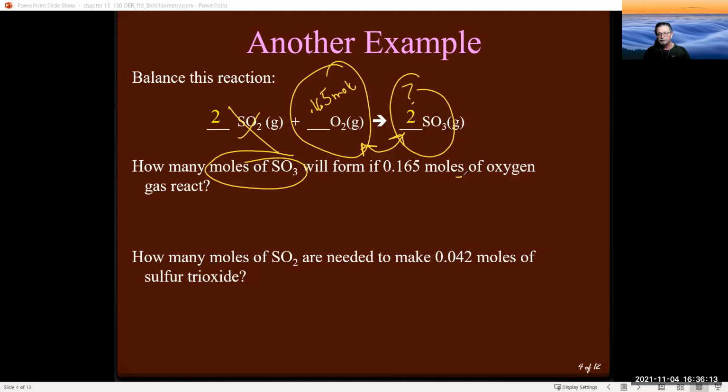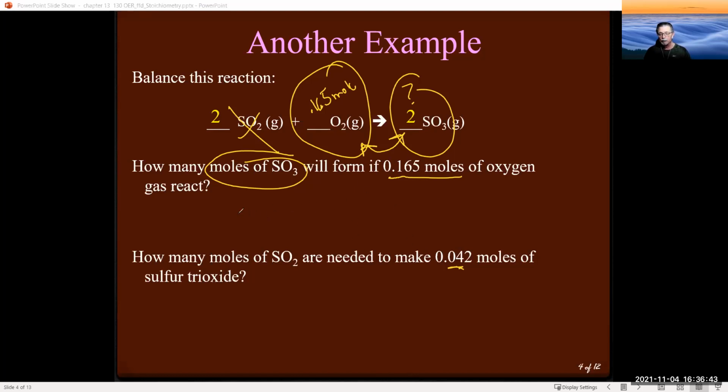As always, notice the number is pretty small. We've been using fairly hefty numbers, but now we are reducing the moles into a smaller number, and even smaller down in here. It makes little difference. Whether we start off with 0.165 moles or 1.6 million moles, it's the same thing with respect to the mathematical calculations.